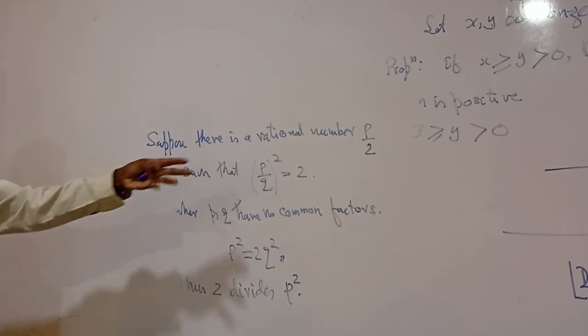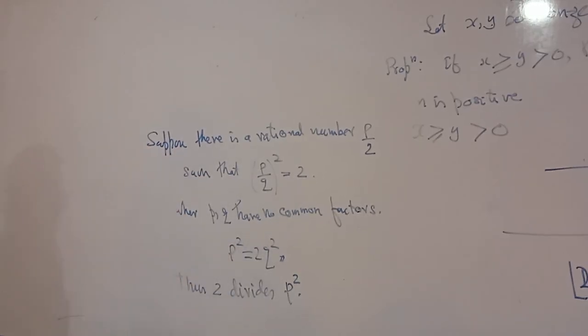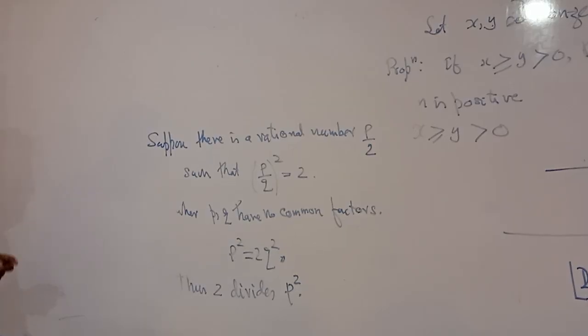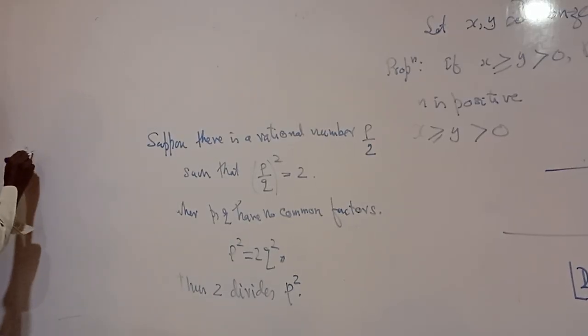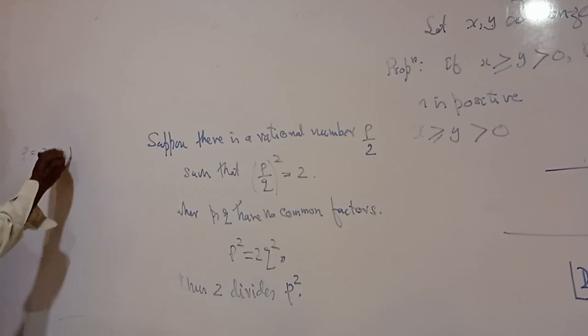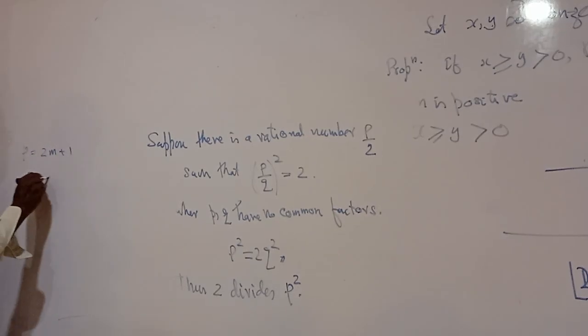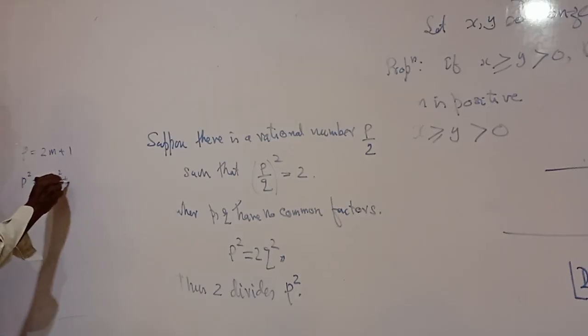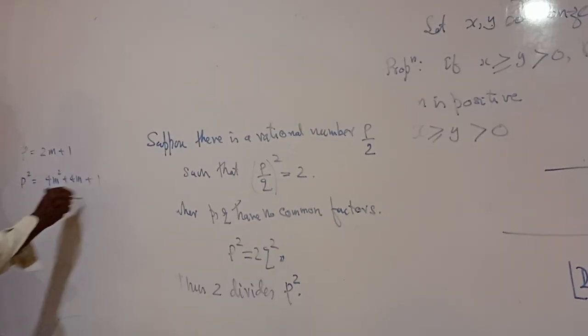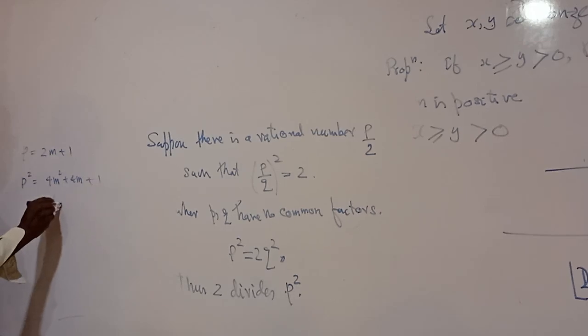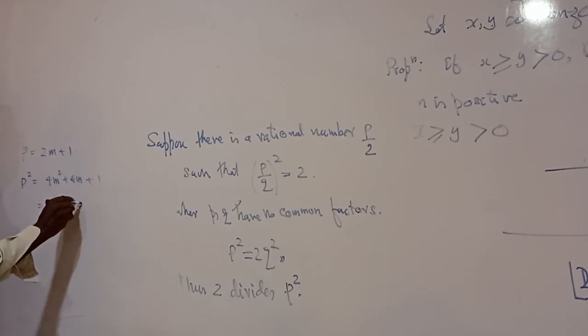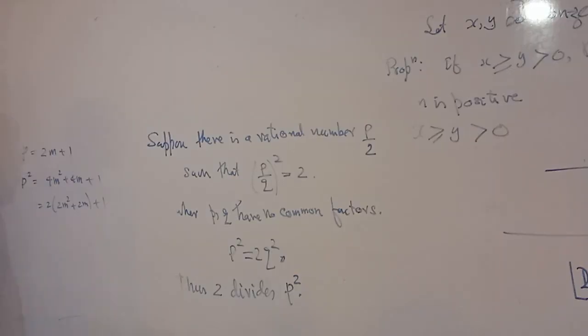P and Q are integers. I'm just going to give you the idea only. P is either even or odd, one of them. Suppose P is odd, then it is like 2m plus 1. Then P squared is 4m squared plus 4m plus 1, which is 2 times (2m squared plus 2m) plus 1.